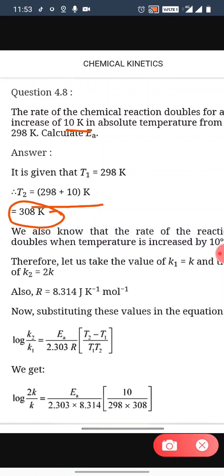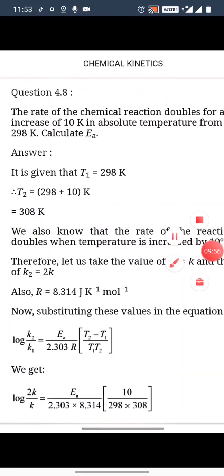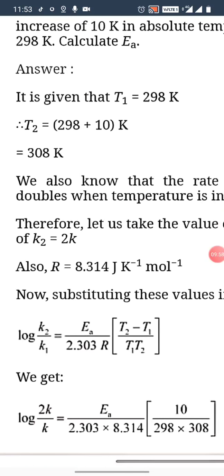So we have the values of T1 and T2, and it is given that the rate of the reaction doubles itself. So obviously the rate constant will also double itself. So wherever you are using this expression, please see this expression, children. You can see here the expression is given. If you remember, I discussed it in the last session.